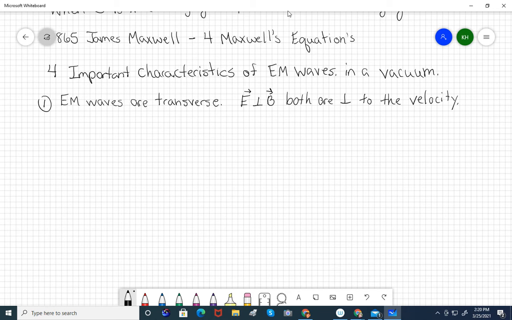What does that mean? That means that if you have a situation where the velocity is in the x direction and the electric field is in the y direction, the magnetic field will be in the z direction.